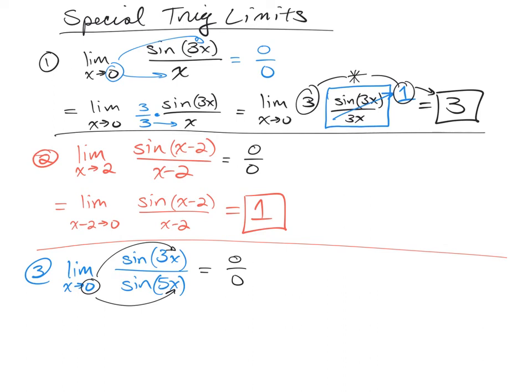And the easiest way to achieve that is to multiply the top and bottom of this fraction by 1 over x. So here we'll have the limit as x approaches 0 of sine of 3x over sine of 5x. If you multiply by 1 over x, divide by 1 over x, then we can rewrite this limit in the following way.